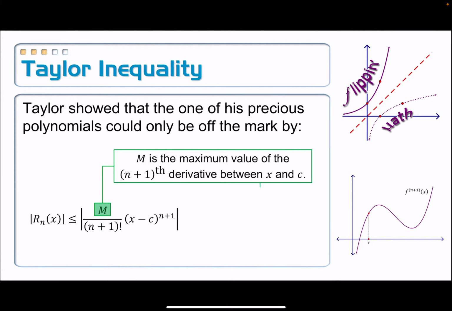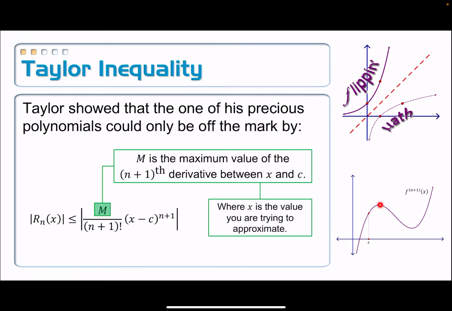All right, and again, that x value is the value that you're approximating your function at. So take a look at some pictures over here on the margin. We have the n plus 1th derivative graphed for us. It's not the absolute value of it. It would take the piece that's down here and reflect it up over the x-axis, of course. That's not going to come into play over the interval that we need.